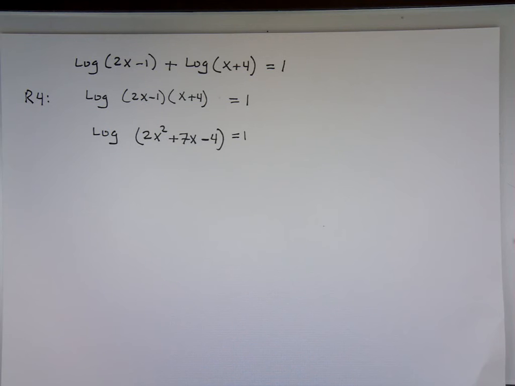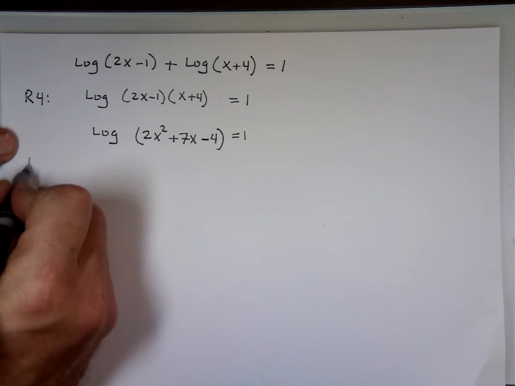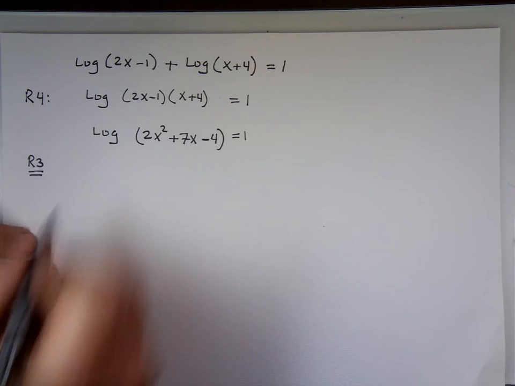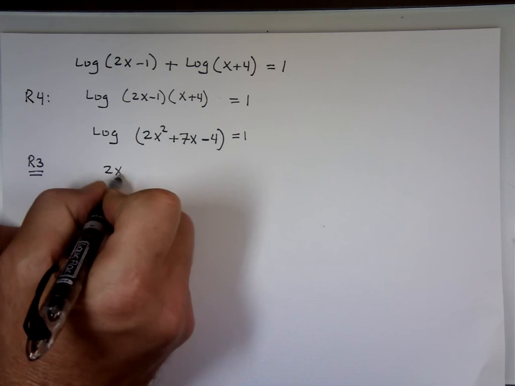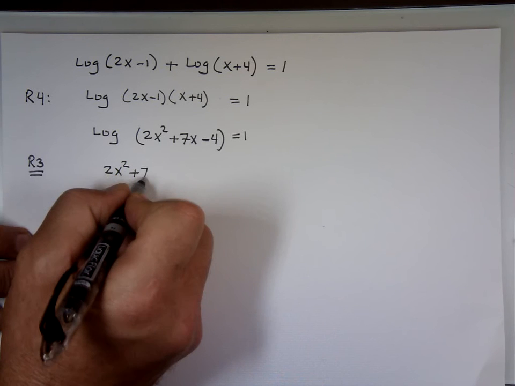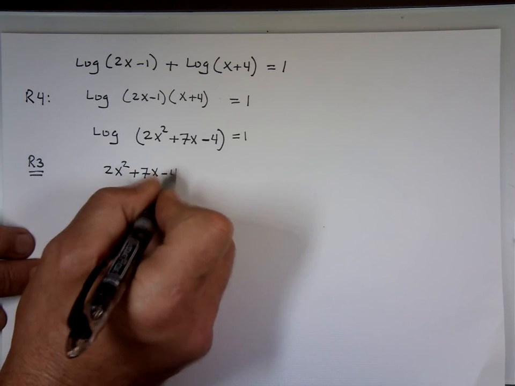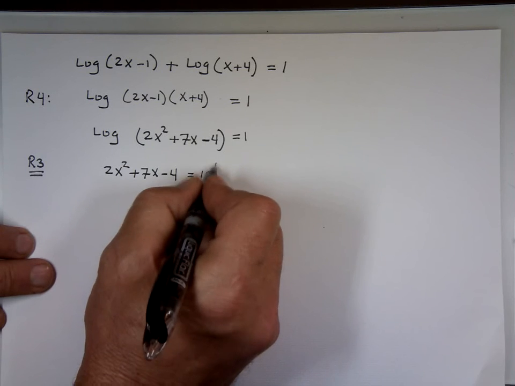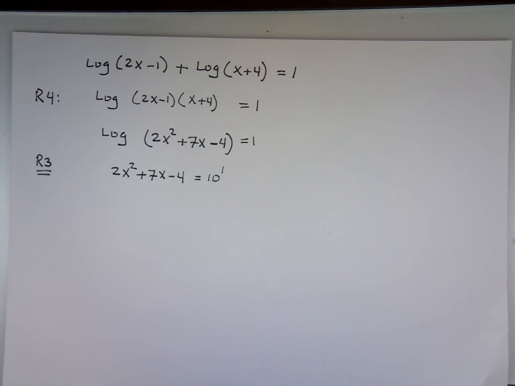So rule 3 now, change it to exponential. It says 2x squared plus 7x minus 4 has to equal 10 to the power of 1, which is 10. Now bring the 10 to this side, you have a quadratic equation now.